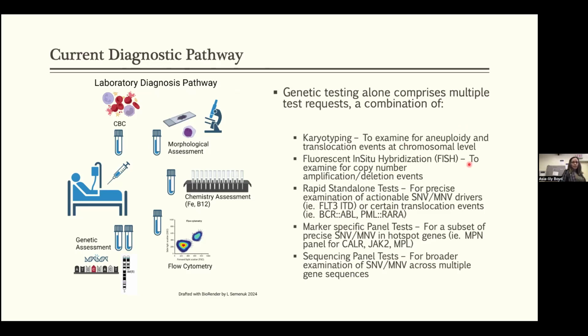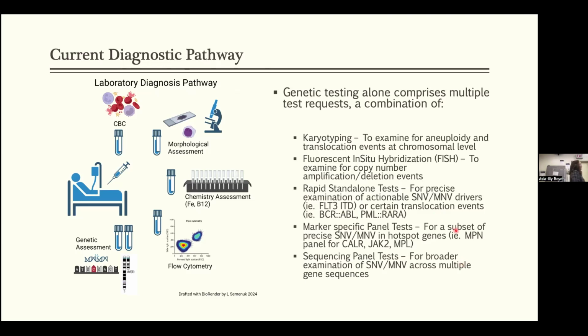We have rapid standalone tests for precise, targeted variants that are well documented in the literature and that we know have actionable targets. We have them for some DNA variants and also for some RNA fusion products, like BCR-ABL and PML-RARA. We have smaller panels that operate as standalone tests.